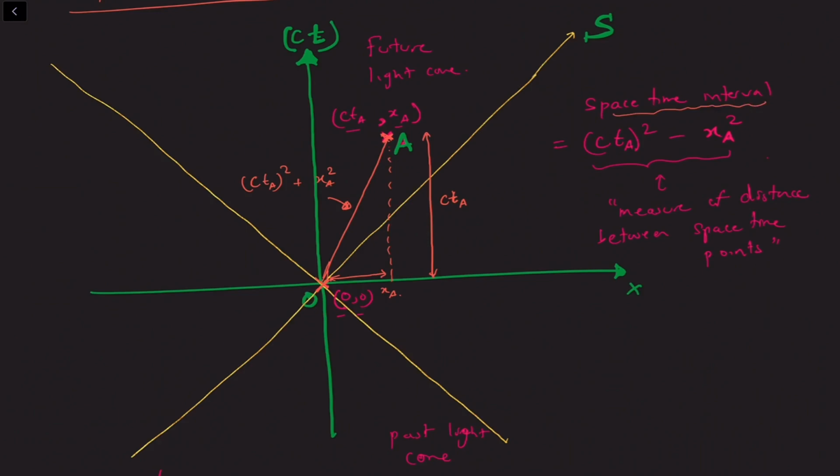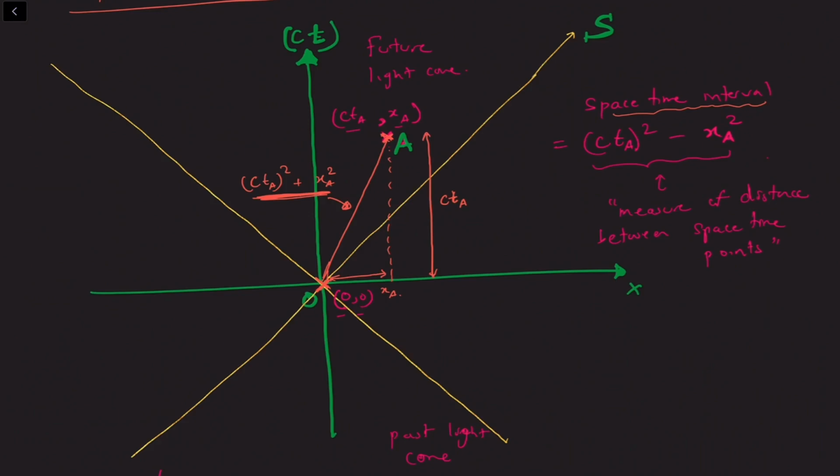Different observers will agree on the value of the space-time interval, but they will not agree about the value of this quantity. Okay, so therefore this quantity is not a sensible measure of the space-time distance between two space-time points. That is only a length on our sheet of paper where we're representing these space-time points.